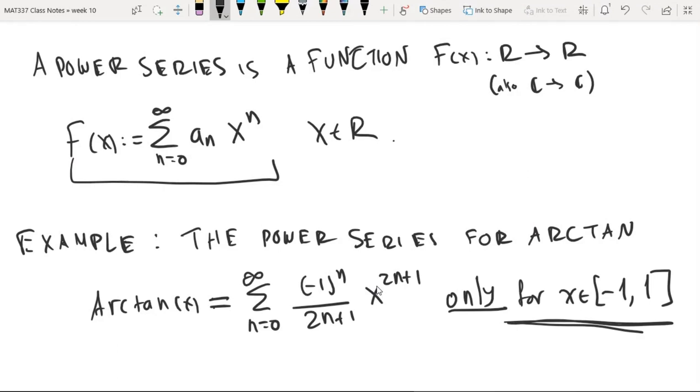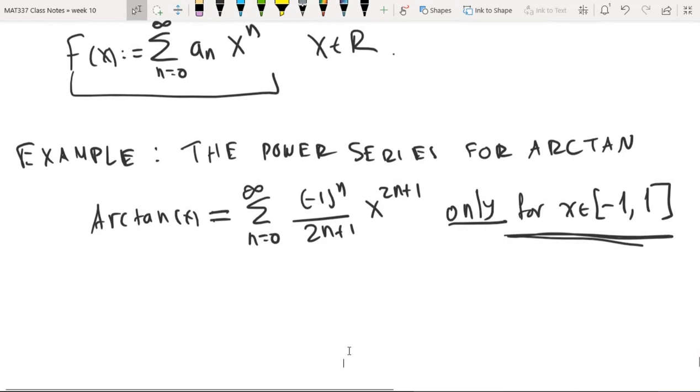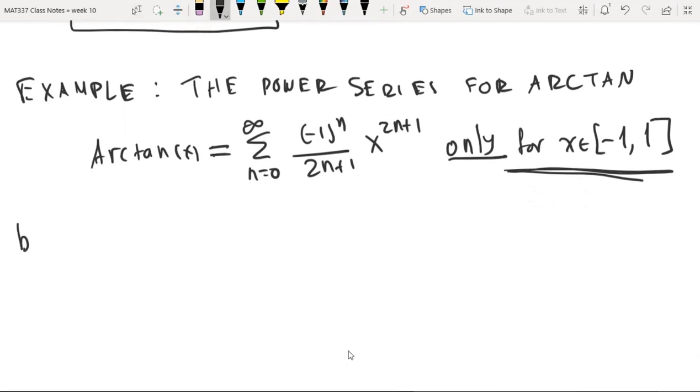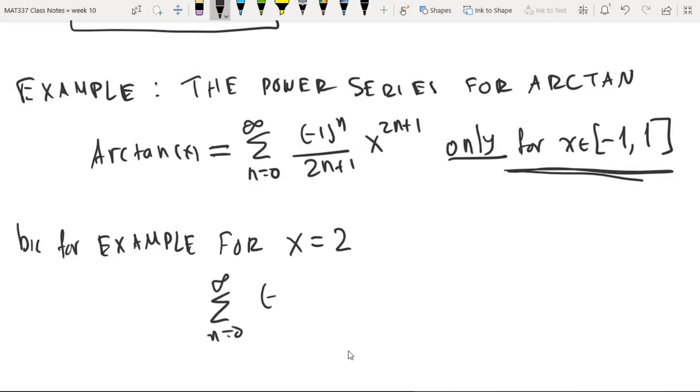Let me try to convince you, because for example, for x equal to, I don't know, 2, what do you get? (-1)^n, 2n plus 1. Let me write it like this, 4^n, and then let me bring out the 2.